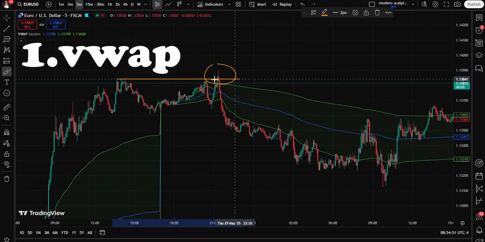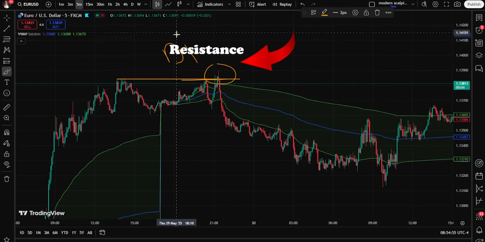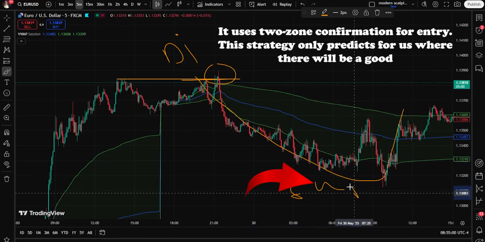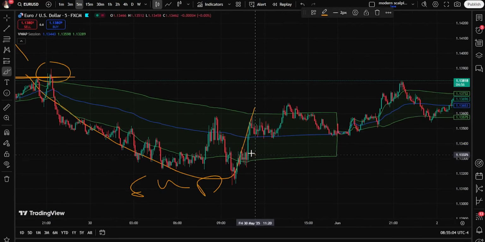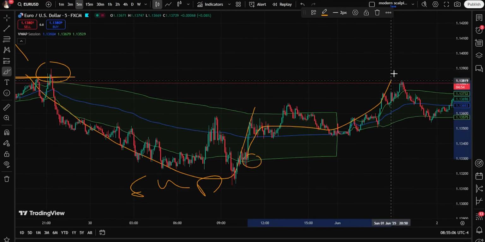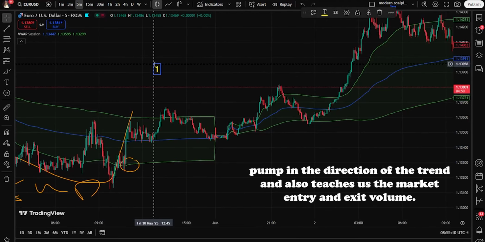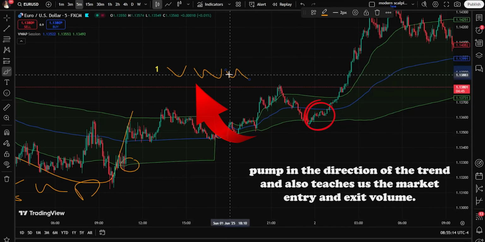1. VWAP bounce entries. VWAP, or volume weighted average price, shows the average trading price weighted by volume throughout the day. It acts as a dynamic support or resistance level, especially in trending markets. Scalpers use the VWAP as a key area to enter trades when price pulls back to it during strong trends.